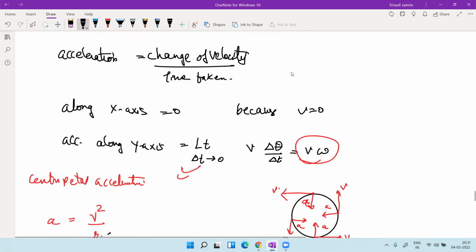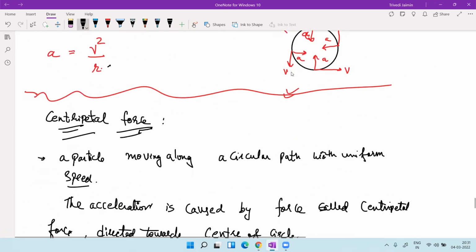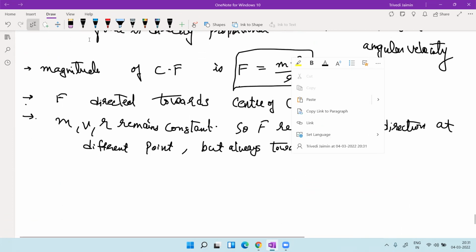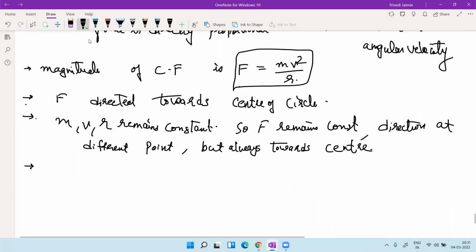So from the diagram which we drew before, F is perpendicular to V. So let's write the point also. F is perpendicular to velocity. Therefore, it is perpendicular to displacement.